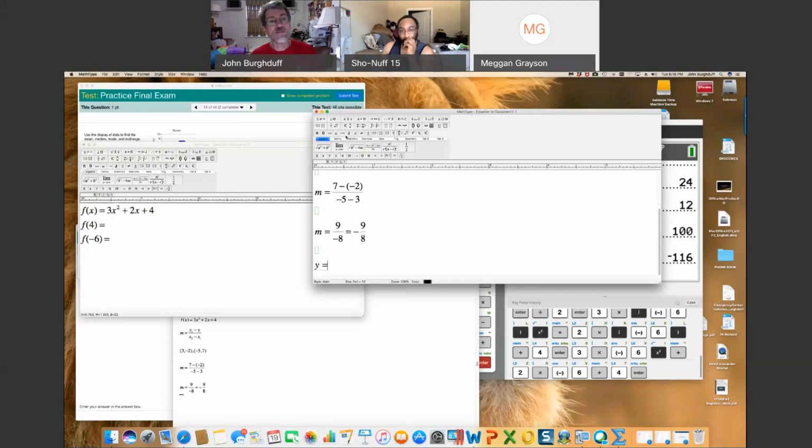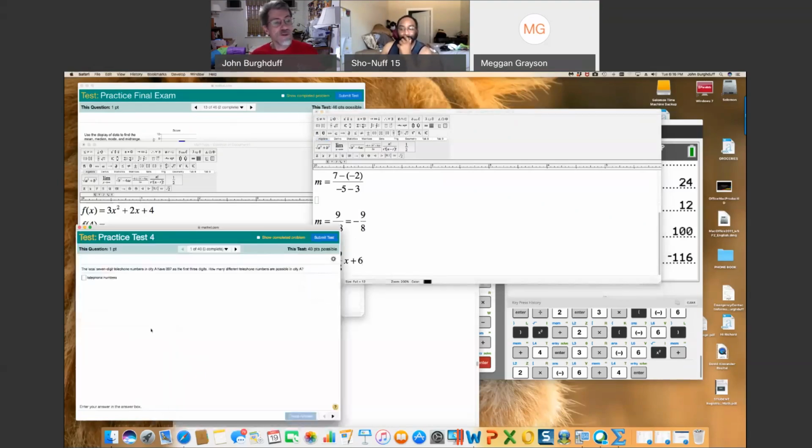You might have, for example, y equals negative 9/8 x plus 6, let's say. The negative 9 eighths is the slope by itself. An equation of a line might look something like that.